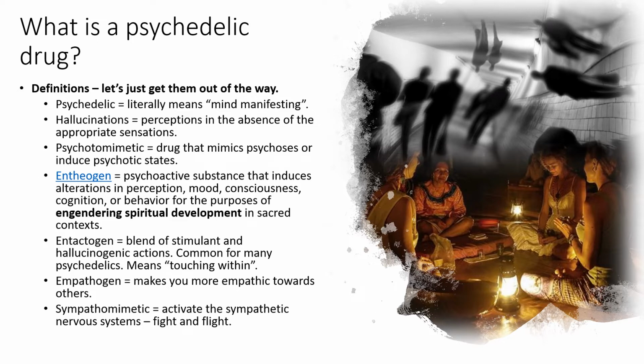It's not a very pleasant experience. But the overall goal is to become more connected with the world and this maybe spiritual domain. So that's what entheogen means. Certain drugs, especially some of the old plant-based ones like peyote, with mescaline, and ayahuasca, with the active ingredient DMT, are entheogens.